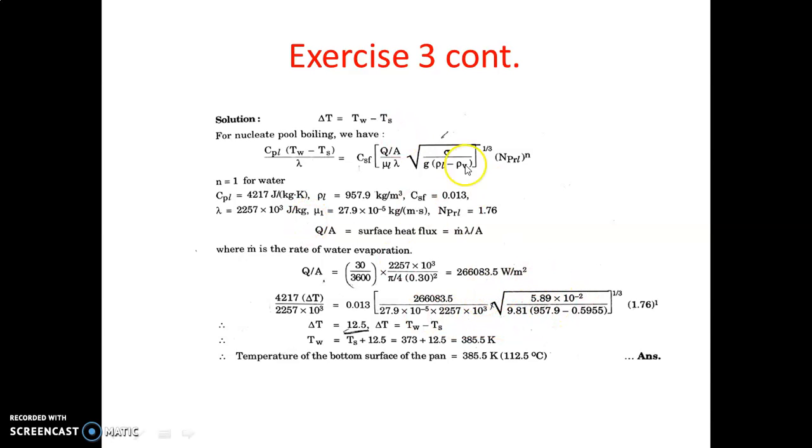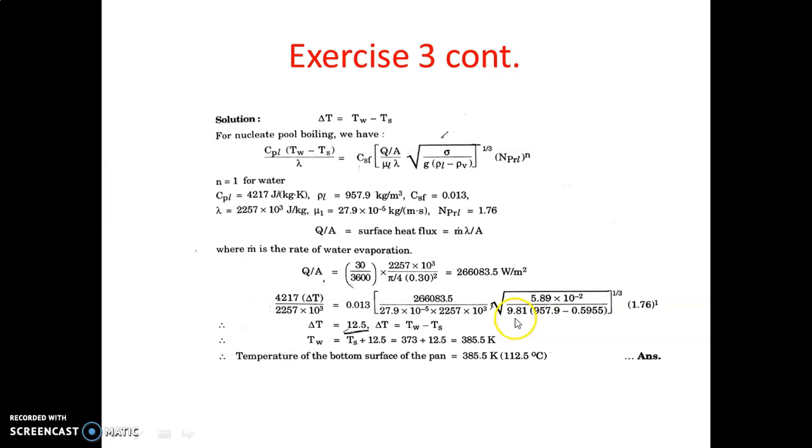Then under the square root you have to write sigma. Sigma is also given in SI unit. What is sigma? Sigma is nothing but surface tension, which is already given as 5.89 into 10 to the power minus 2 Newton per meter.